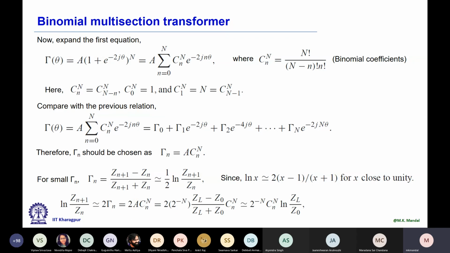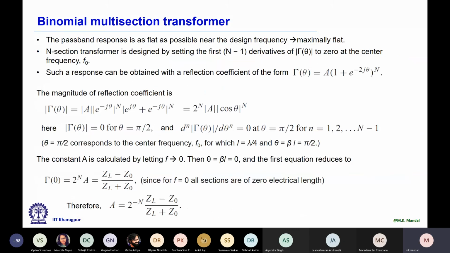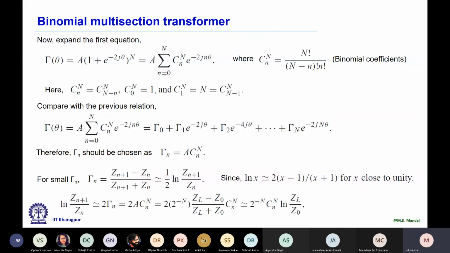Now you put the values here. So 2 into 2 to the power minus N ZL minus Z0 by ZL plus Z0. We are putting the value of A. Already we did here, A equal to 2 to the power minus N ZL minus Z0 by ZL plus Z0, so we are putting that value here.